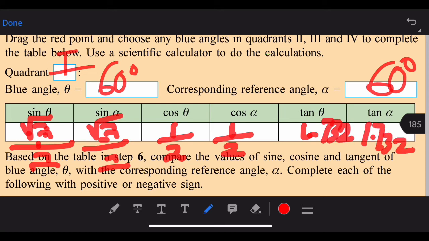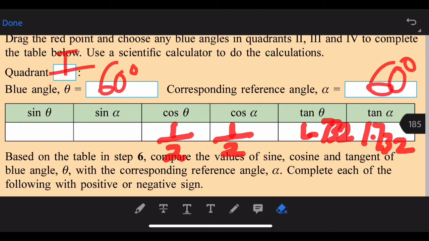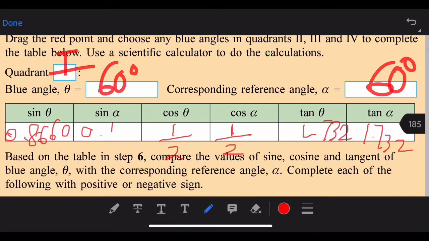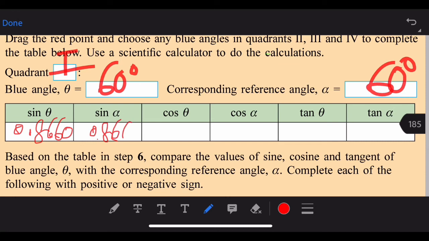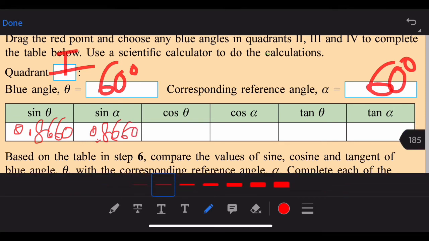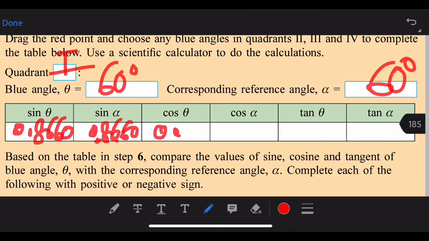If you press the calculator for sine 60, you get 0.8660, and this one also 0.8660. Cos 60 gives you 0.5, and here also 0.5.